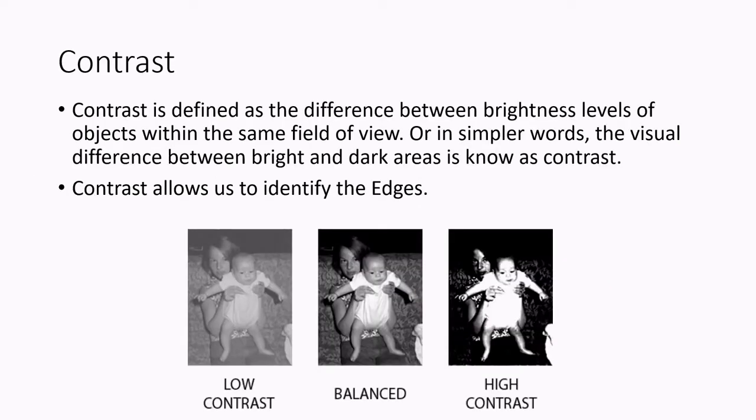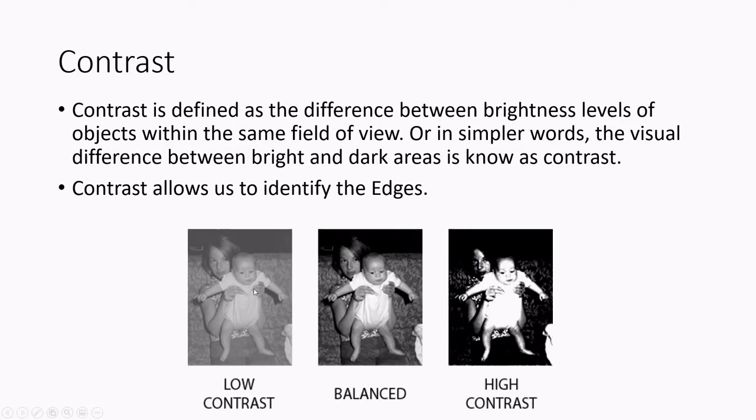Contrast is defined as the difference between brightness levels of objects within the same field of view, or in simpler words, the visual difference between bright and darker areas in a surface or picture. This contrast allows us to recognize the edges of the image.